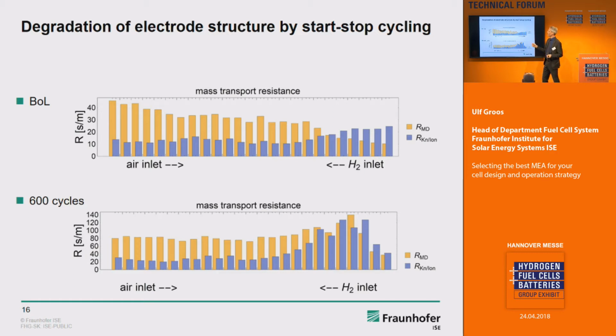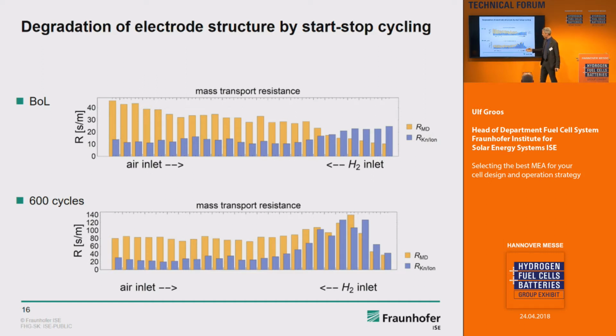In this case, after 600 start-stop cycles, we see that something has changed in the pore structure of the catalyst layer. First of all, what is obvious is that the resistance went higher from, let's say, around 40 to, in this case, 120.